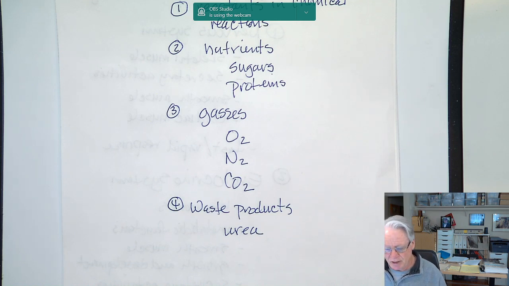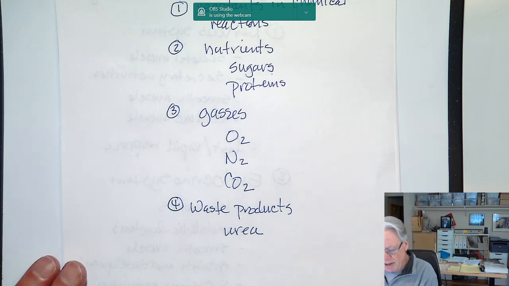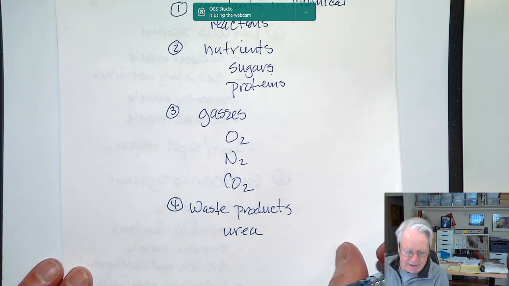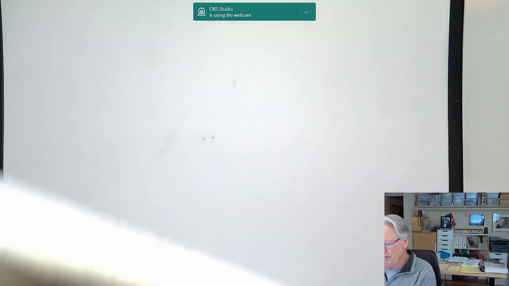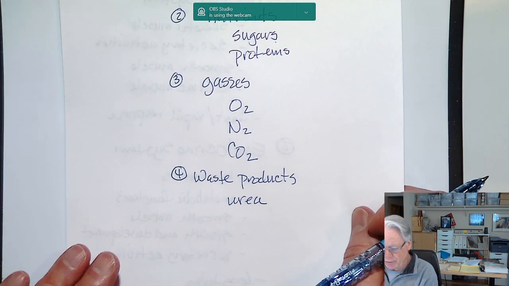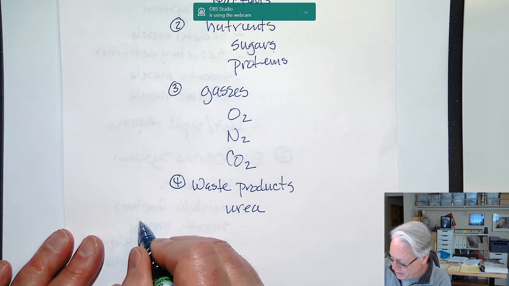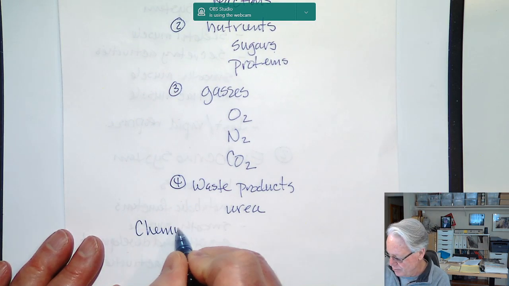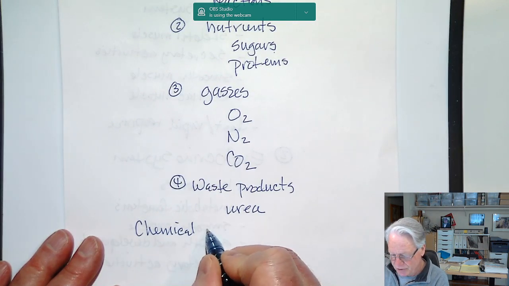All right, so it's a good medium to dissolve things in. What else? Well, let's talk about the second thing in our list. If you recall, the second thing in our list was chemical reactions. So let's talk about chemical reactions.